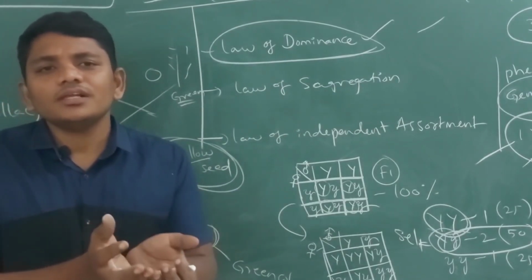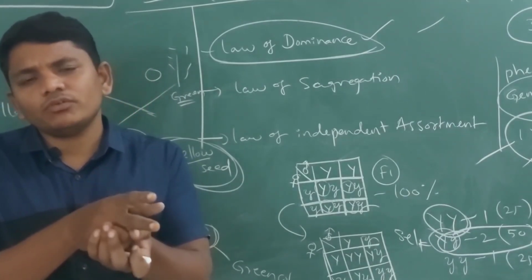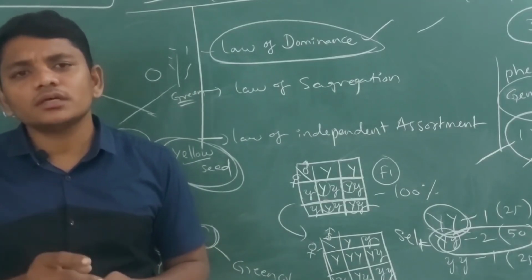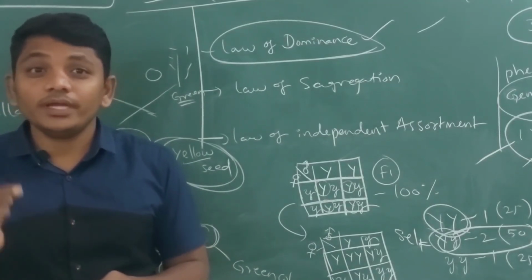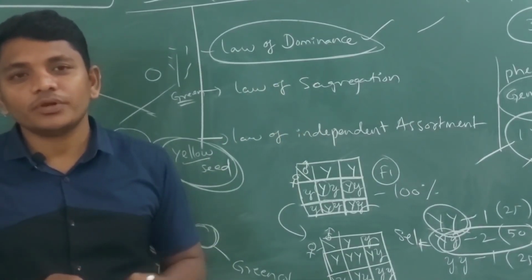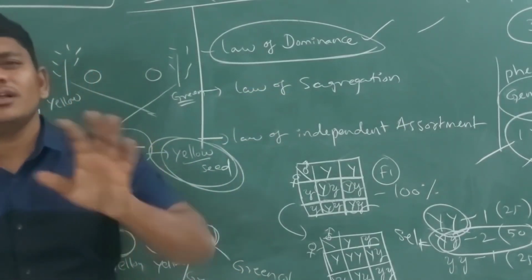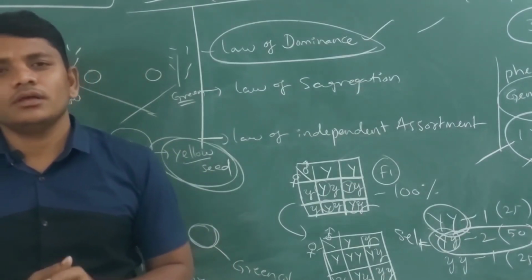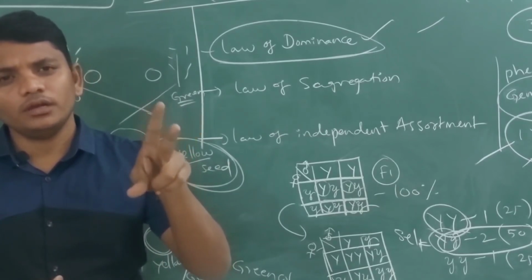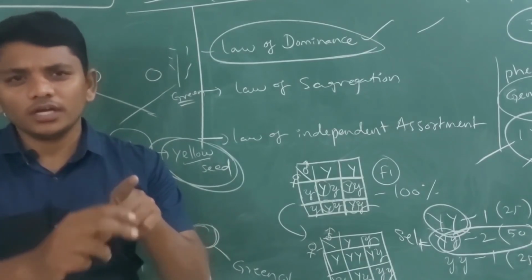So within the law of dominance he said that traits have alleles, and these alleles are of two types. The first one is dominant, the second one is recessive. The dominant character will come out in the next generation. The recessive character is suppressed and controlled by the dominant character. Dominant character always tries to come out and always controls the recessive character.